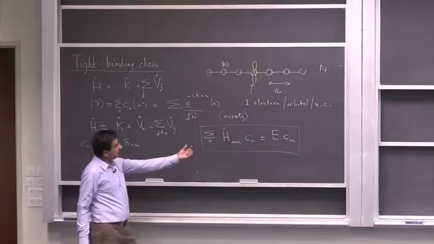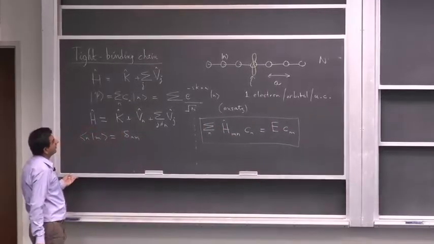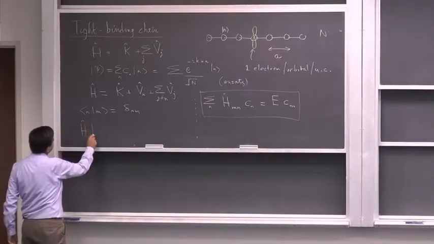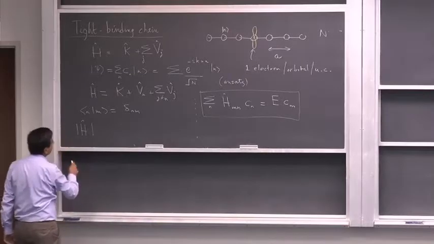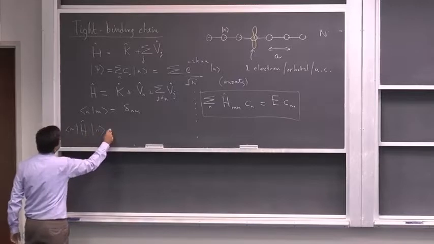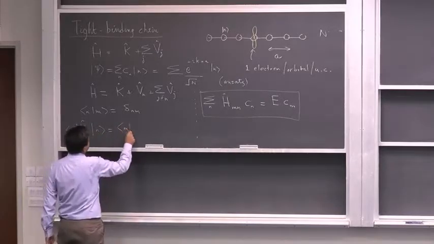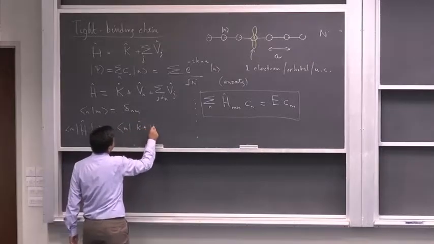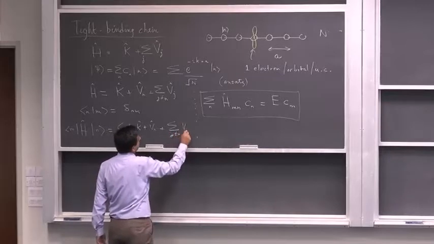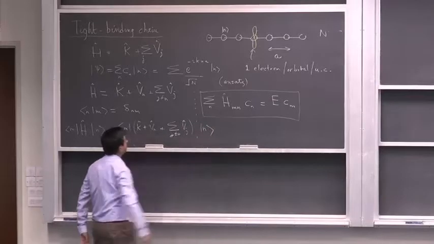For that purpose, we need to find out the matrix elements of the Hamiltonian. Okay? So the matrix elements will be the following. This is m, this is n. So this is one matrix element. So I can write this as <m| K plus V_n plus the sum over all of the j's |n>. Okay, this is my Hamiltonian and I have |n> here.